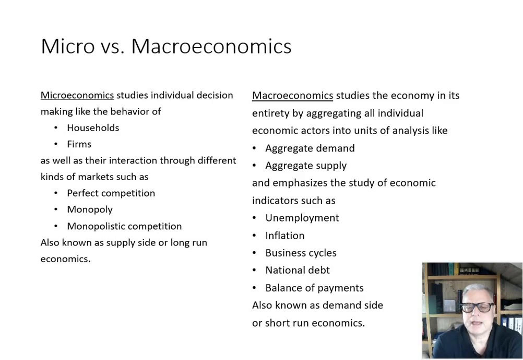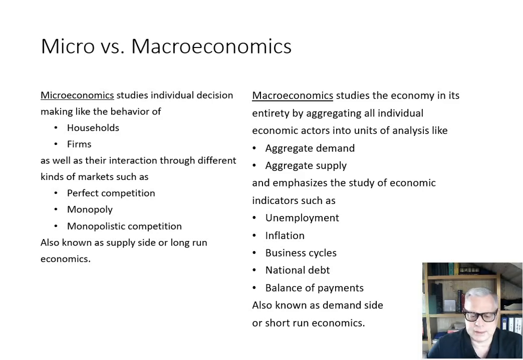So in sum, micro is concerned with the study of the behavior of individual economic units, be it the household or a firm, and individual markets and market structures, like basically the difference between competitive markets and not so competitive markets.